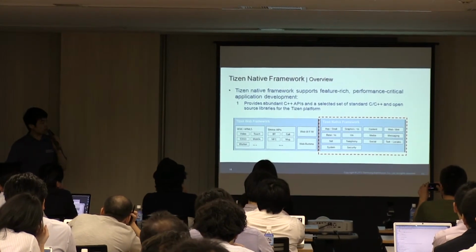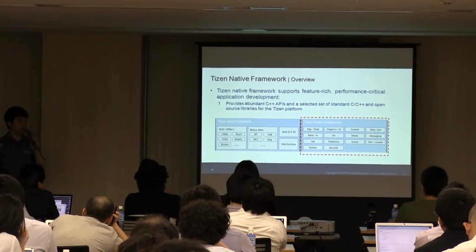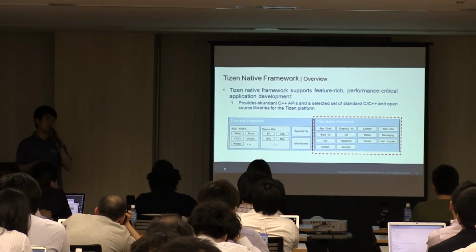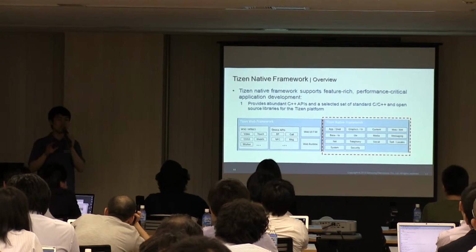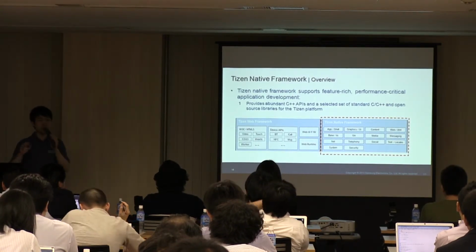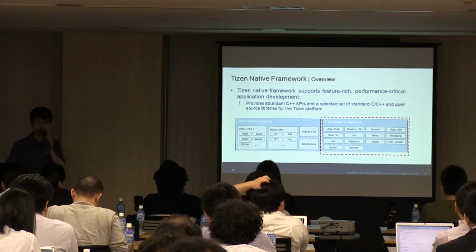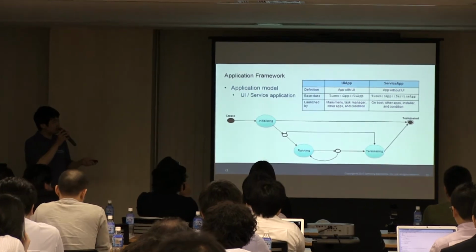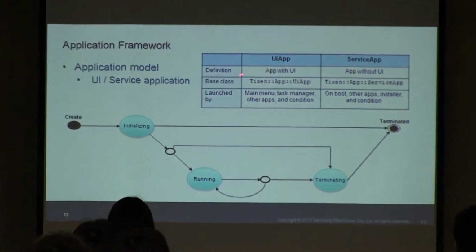I think you know that a lot of APIs are provided by the Tizen platform itself, and you can use any C or C++ libraries and port them to Tizen. Also, the life cycle is simple, but I'd like to introduce these two.